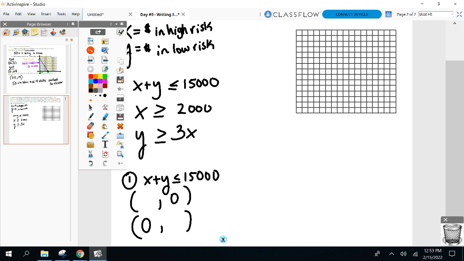Notice anything about their intercepts? Should be the same things.